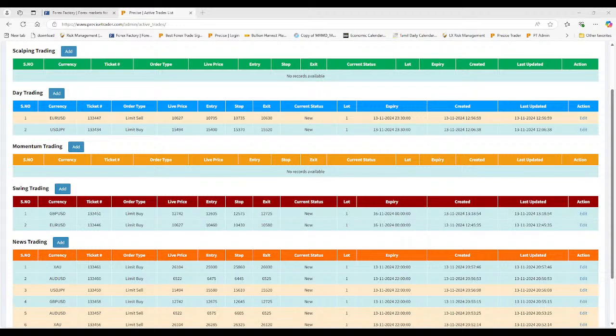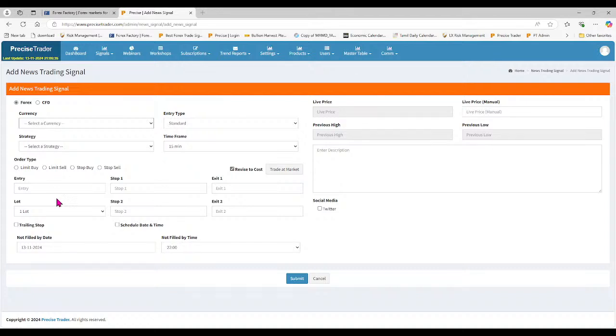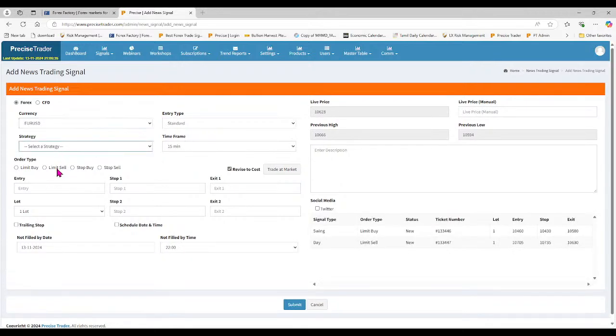So I think we can give a signal on the news trading. If we buy at 550, we have to exit before 106. It's only a 50 pips move.